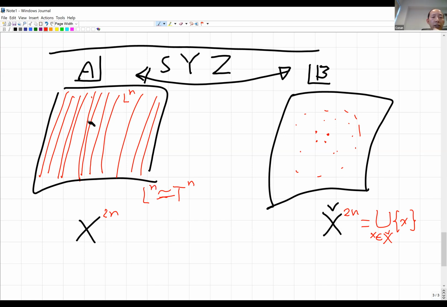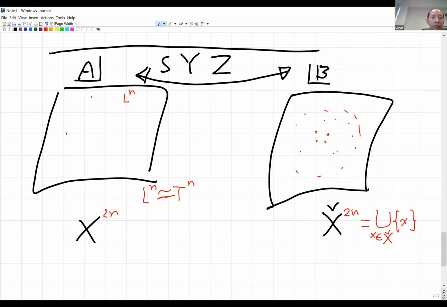Furthermore, each of these is a torus. It's a family of tori. In fact, you have more points than just having tori, because you get 2n-dimensional on the right-hand side and you want an n-dimensional family on the left-hand side.